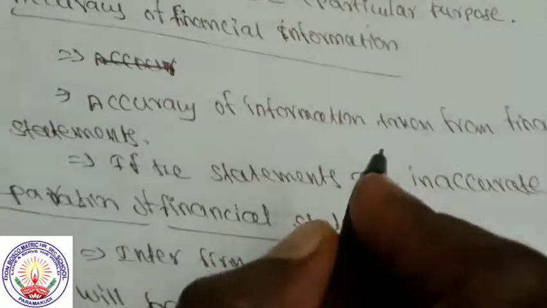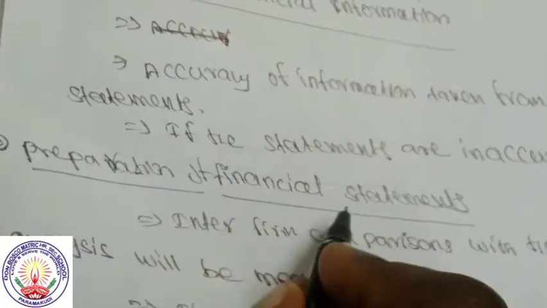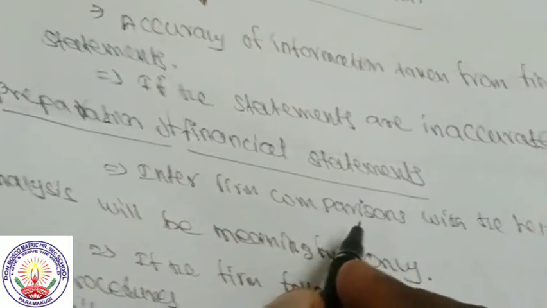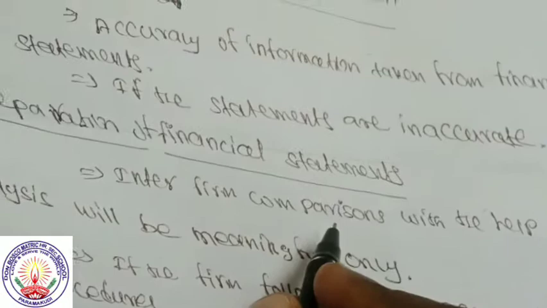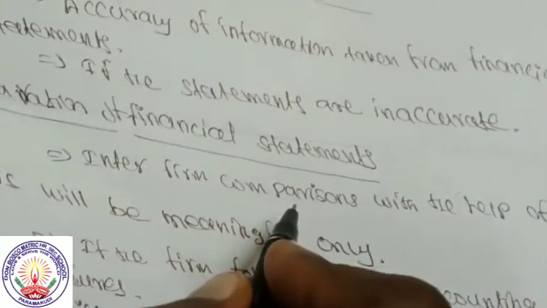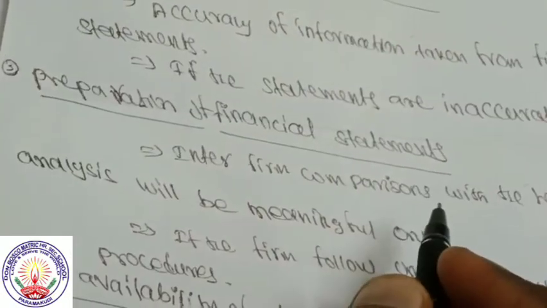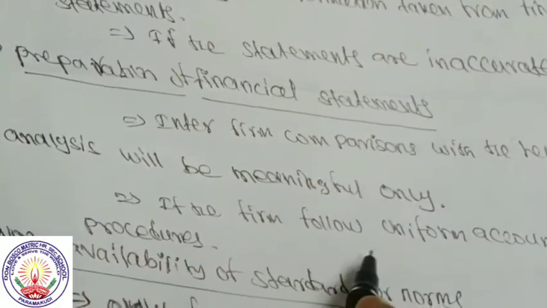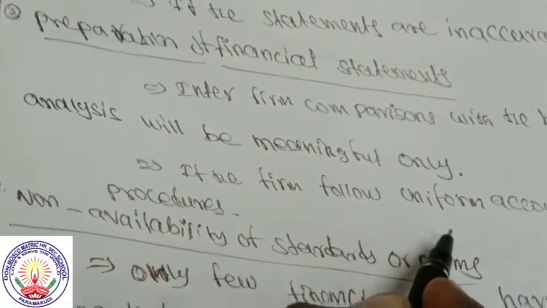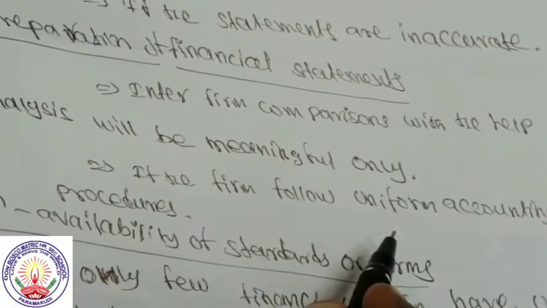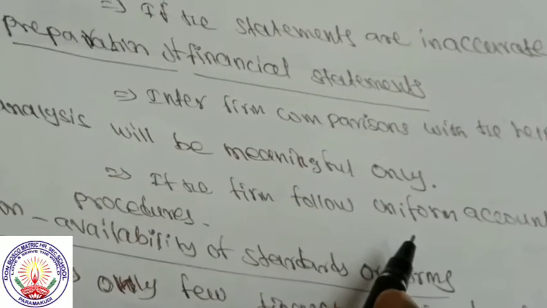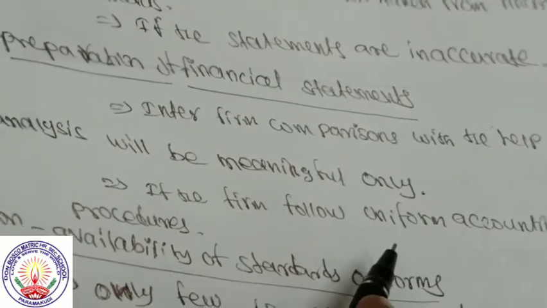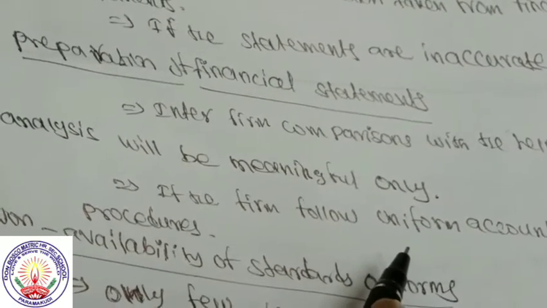Third point, preparation of financial statements. Inter-firm comparison, one company to another company, with the help of ratio analysis is meaningful only if the firms follow uniform accounting procedures, norms, rules and regulations.